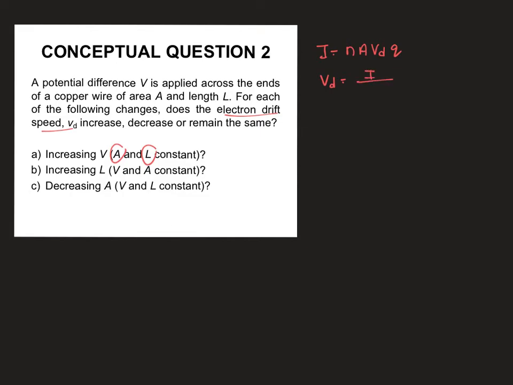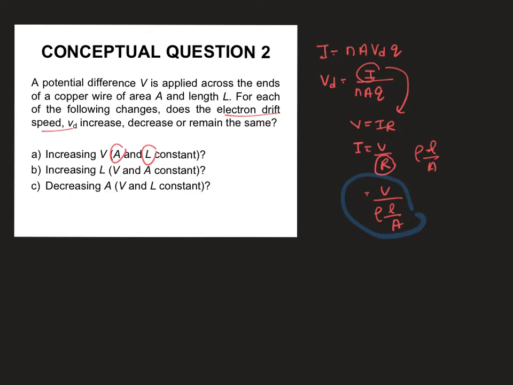Because we need to find the effect of other quantities on the drift velocity, vd equals I over nAq. Here I is related with Ohm's law, V equals IR, so I equals V over R. Since A and L are constant, we need to use the resistance, which is resistivity times length over area. So R equals resistivity times length over area. I'm going to put this formula into this one.